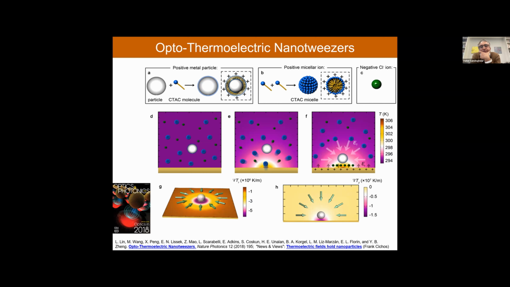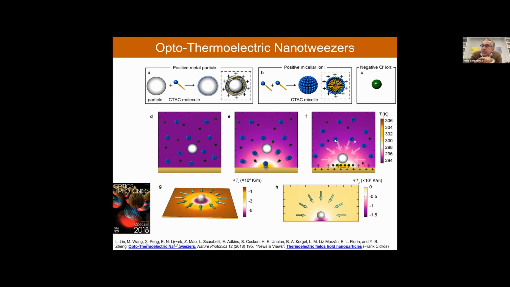So once we have this temperature gradient, in this cross section, we have the particle we are interested in, maybe a polystyrene bead or bacteria. So this is a micelle, this is an ion. Thermophoresis tells us all the particles will move away from this hot region, but the micelles and ions have different speeds.